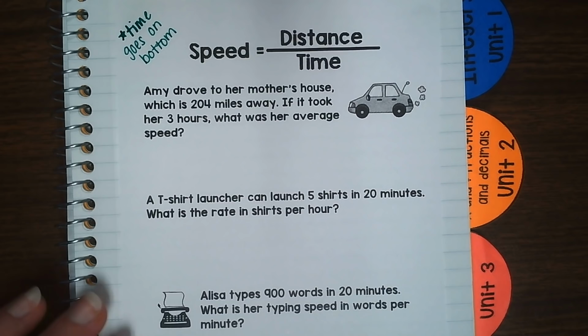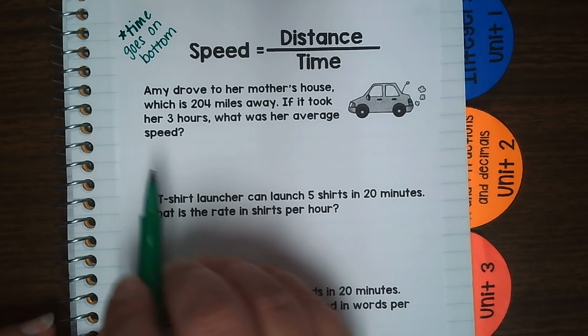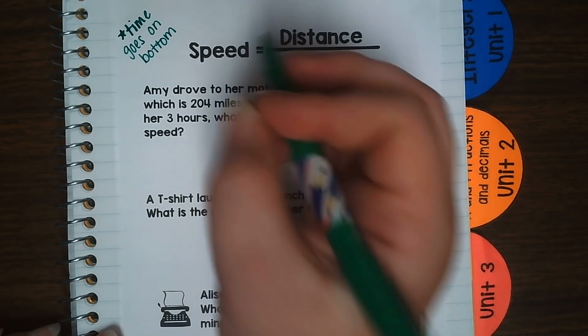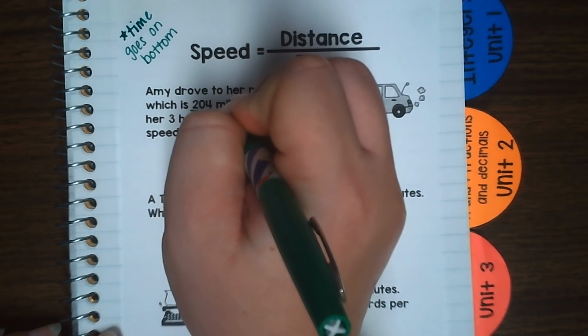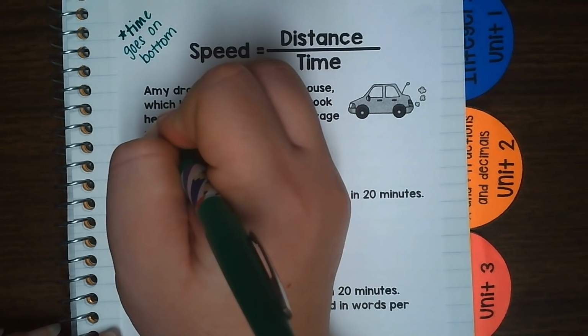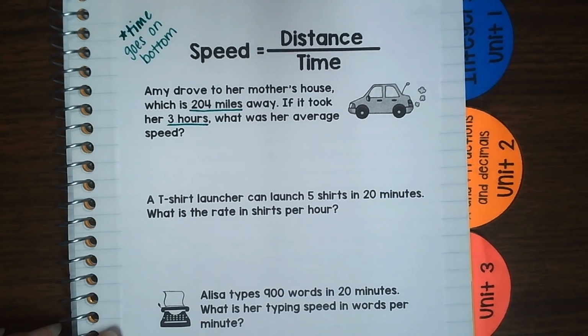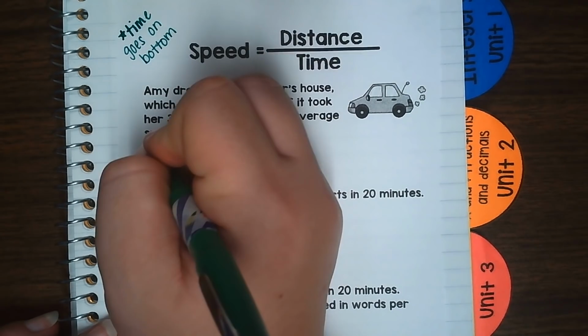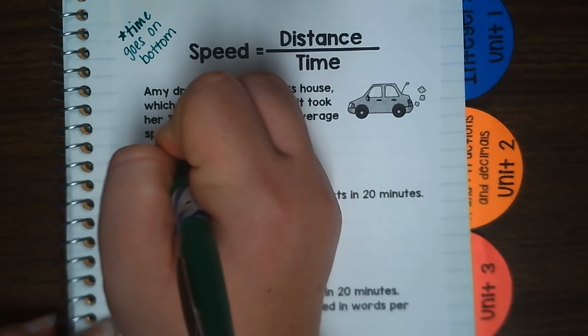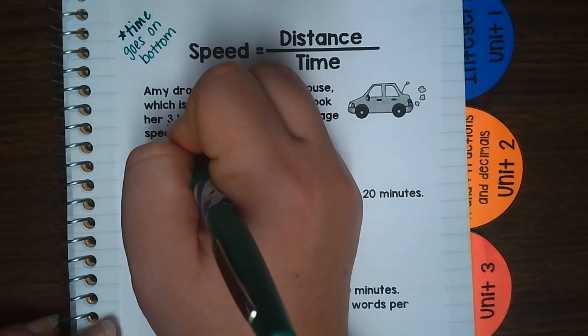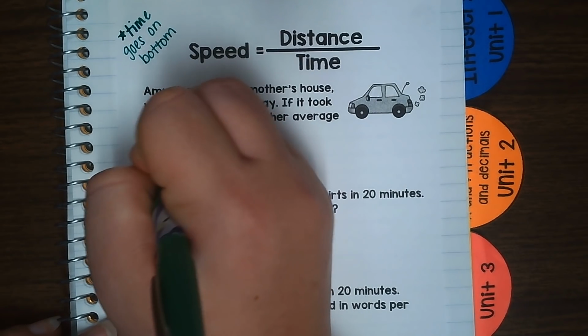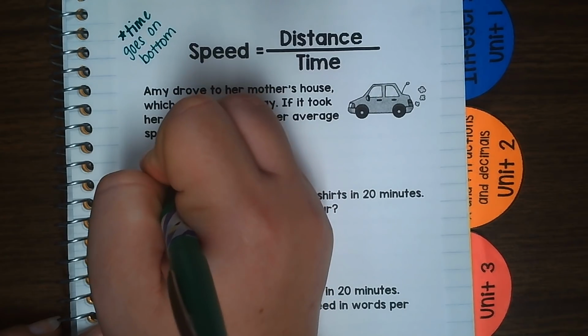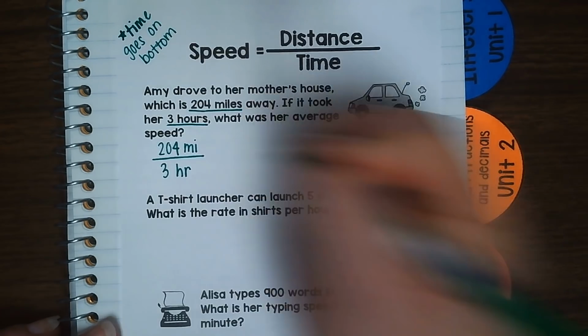So when we're figuring out our rate, she drove 204 miles in 3 hours. So that's our rate, 204 miles over 3 hours.